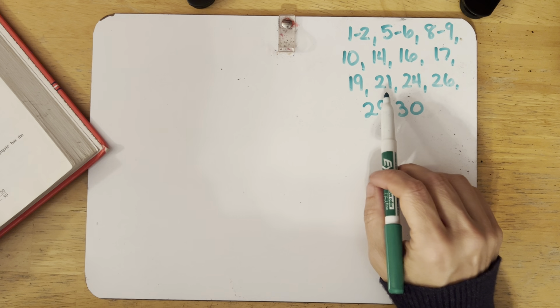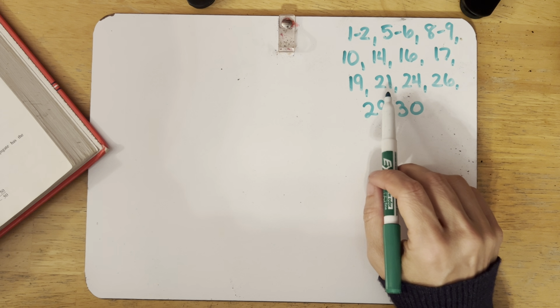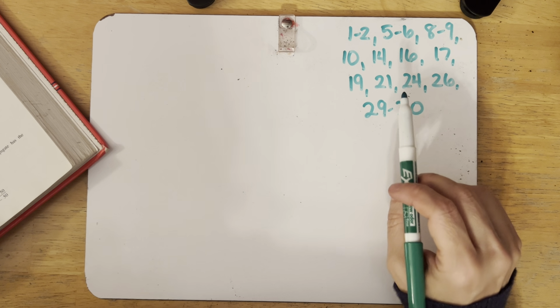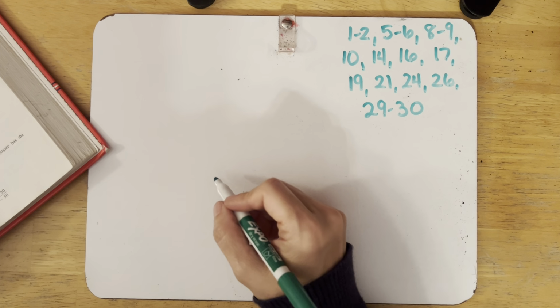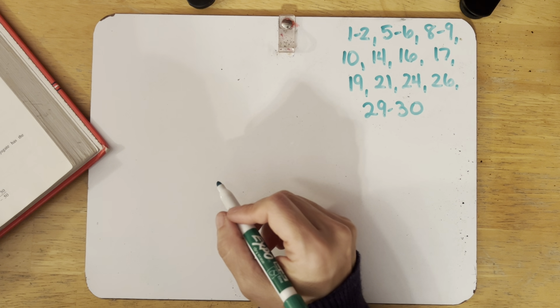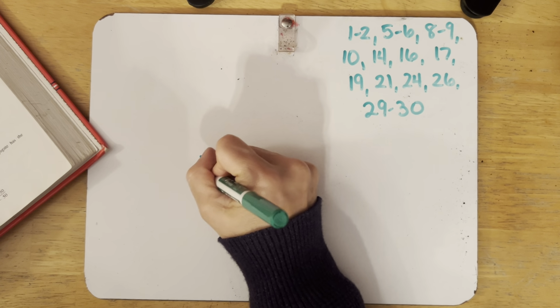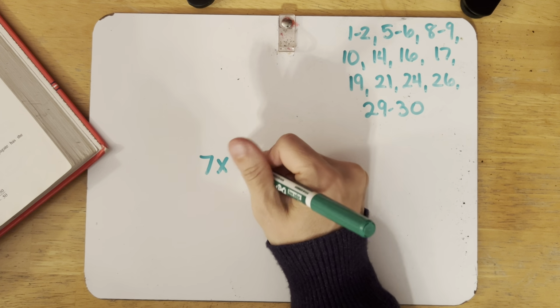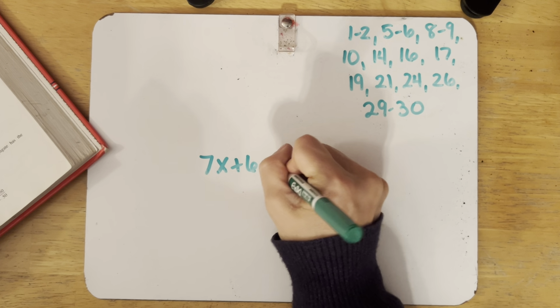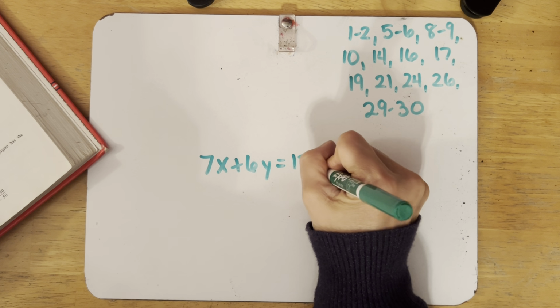Let's see, 20, 21. Okay, we've been doing these, so take a look at the decimal. It goes out 2 places, so I'm going to multiply everything by 100. So that turns it into 7x plus 6y equals 132.